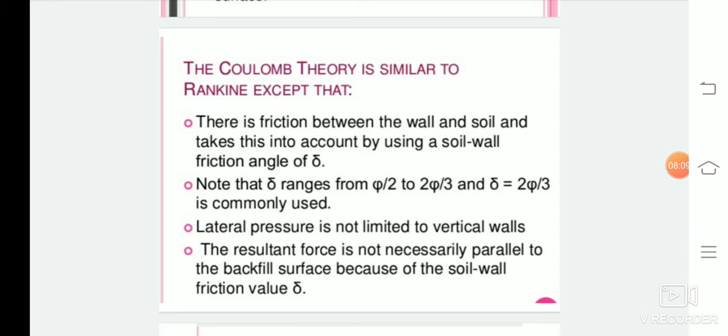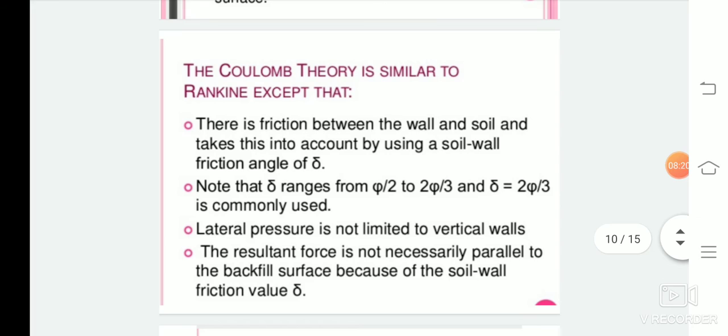Again, the value of this delta ranges from phi/2 to 2phi/3, and in most cases the 2phi/3 value is commonly used. And this lateral pressure is not limited to vertical walls only. That means the wall can also be inclined; a vertical wall does not necessarily have to be used.